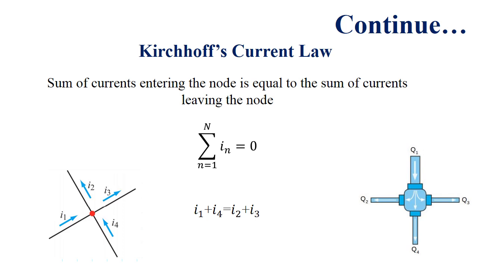Pipe Q1 shows the entrance of water, and we have 3 pipes, Q2, Q3, and Q4, from which we can see the leaving of water. So the entering water Q1 equals the water leaving from Q2, Q3 and Q4. Exactly the same phenomenon as we have seen in Kirchhoff's current law.